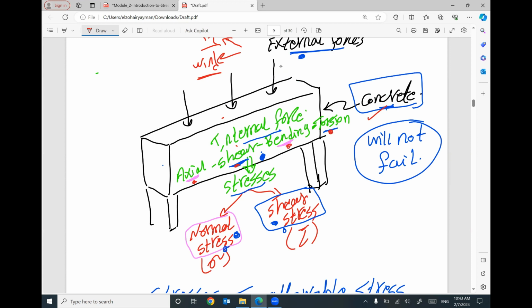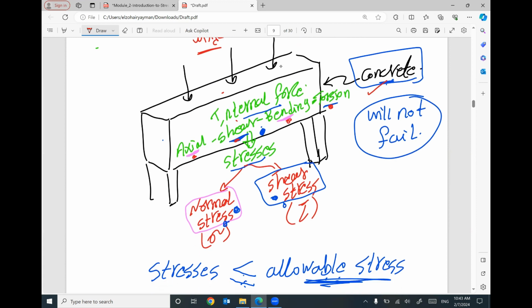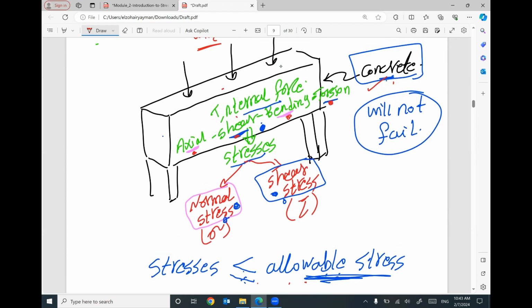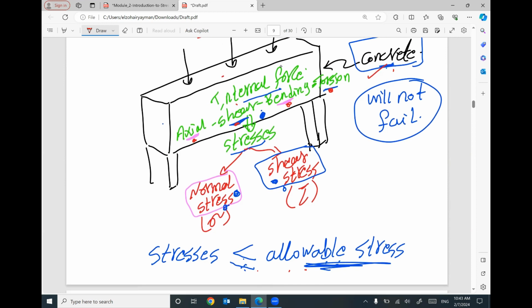These internal forces will cause stresses. These stresses can be normal stress or shear stress. These stresses must be smaller than or at least equal to the allowable stress to make sure this material will not fail. Keep in mind, if you have these stresses, we will have strains. The normal stress will cause normal strain. The shear stress will cause shear strain.